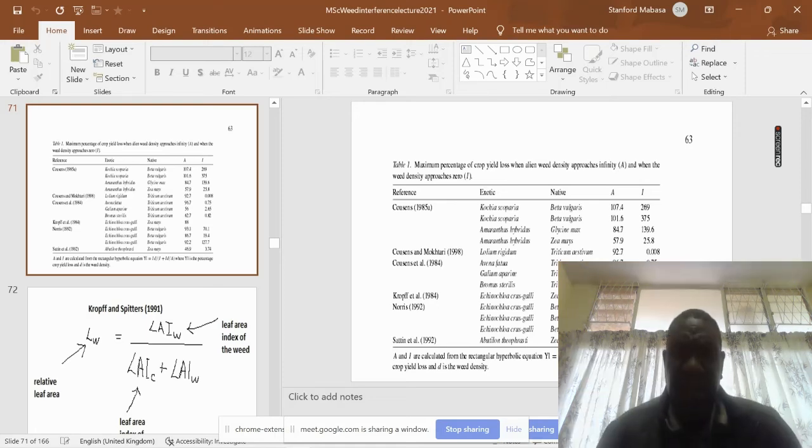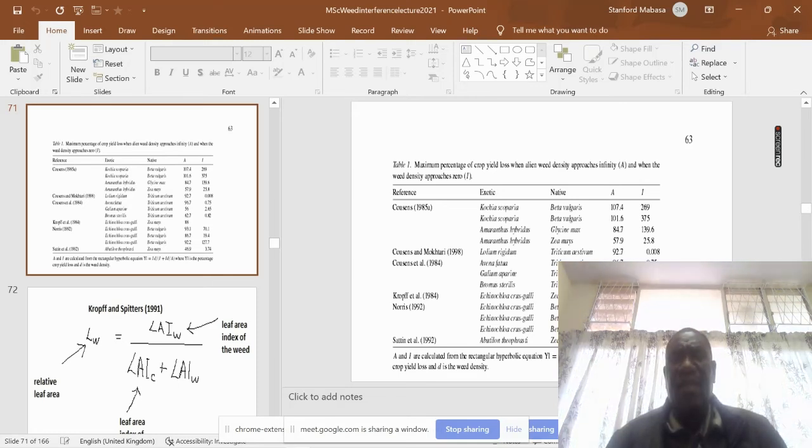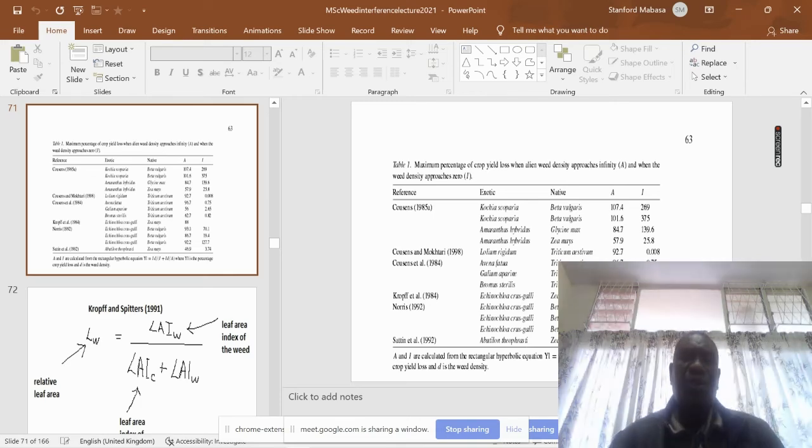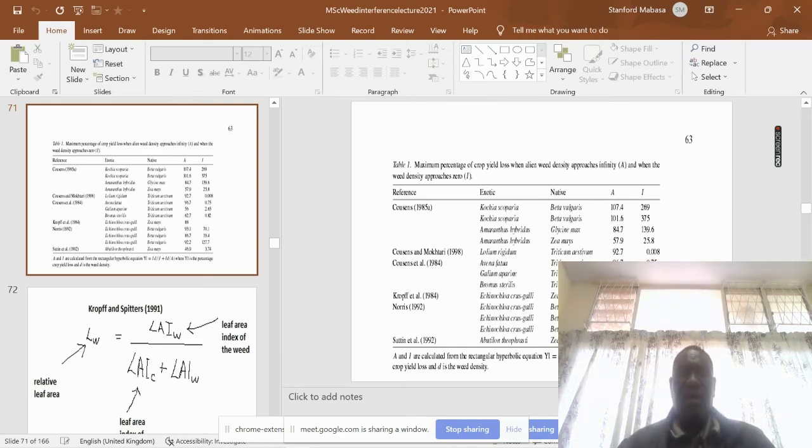They can employ computer programs to determine when to come and weed or when to come and spray or not to spray, using a lot of data from these competition studies.